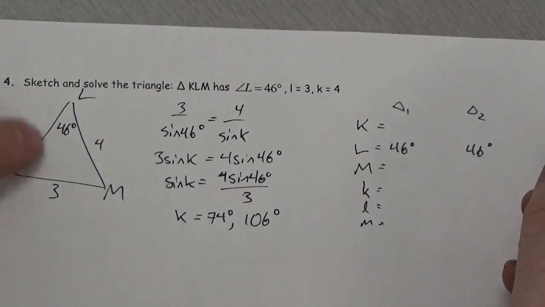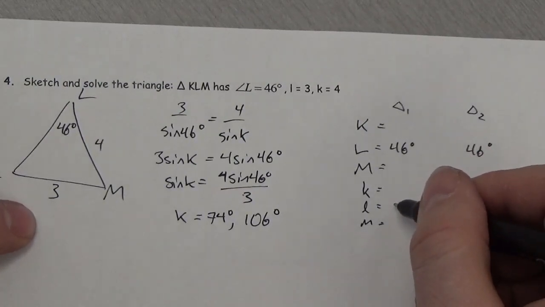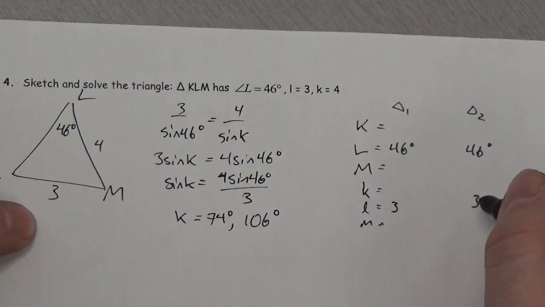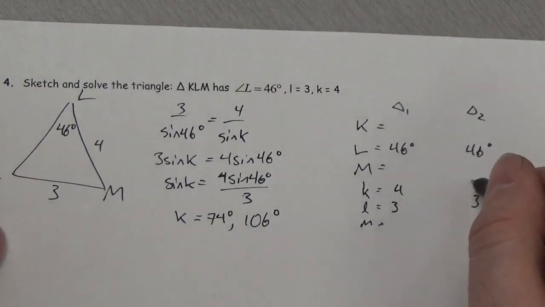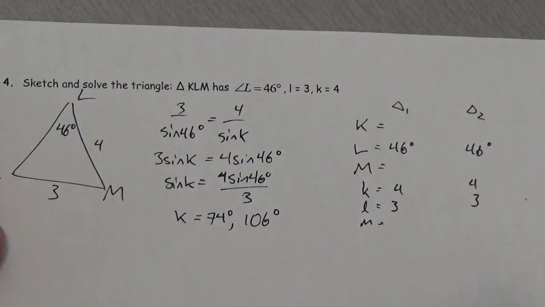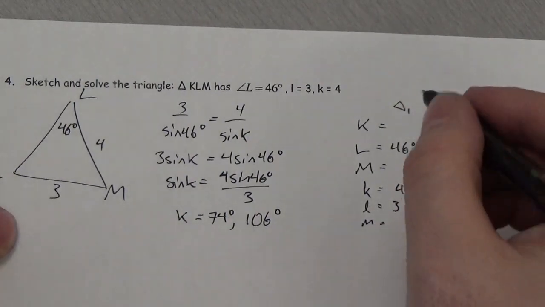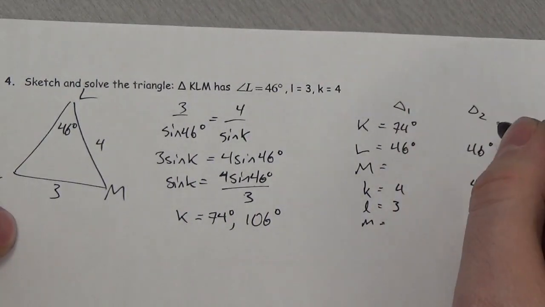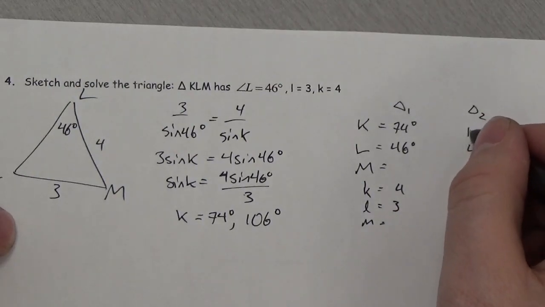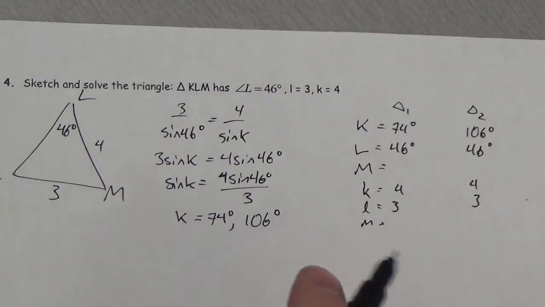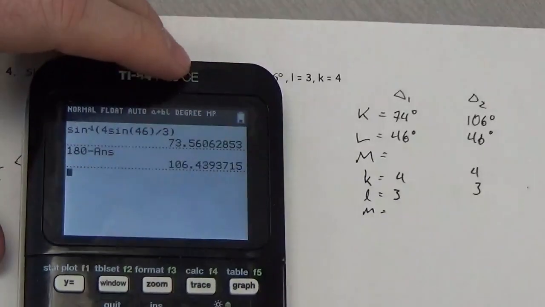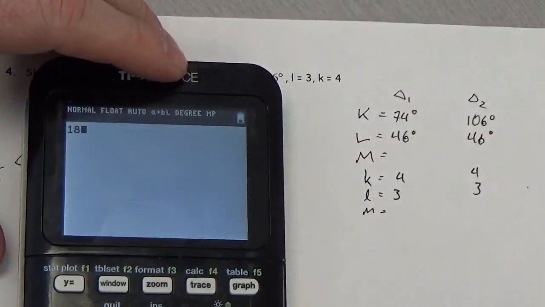We know that little l is going to be 3 in both the triangles, and little k is going to be 4 in both the triangles. I have no say in that. That was given to me in the problem. I know that angle K could now, however, be 74 degrees or 106 degrees. Okay, so if that's true, in triangle 1, what would angle M be?